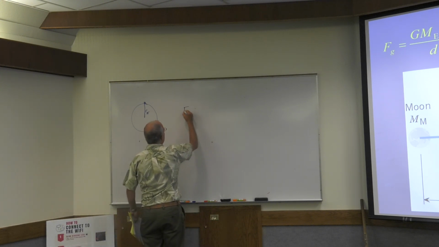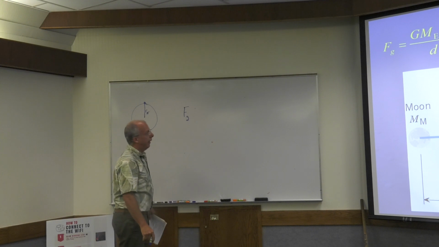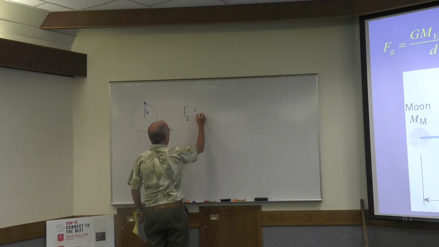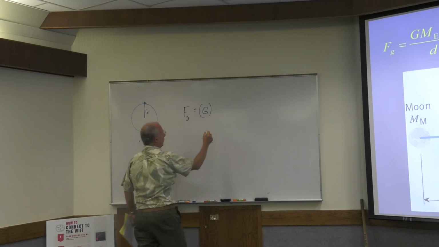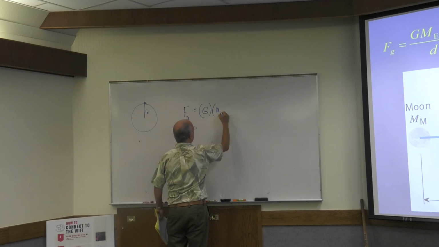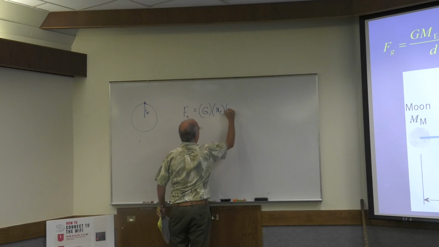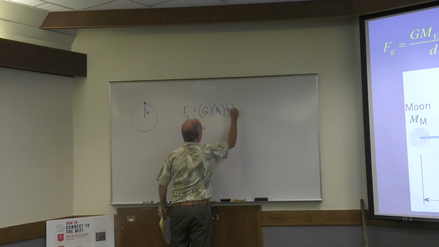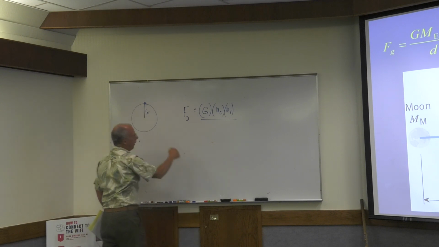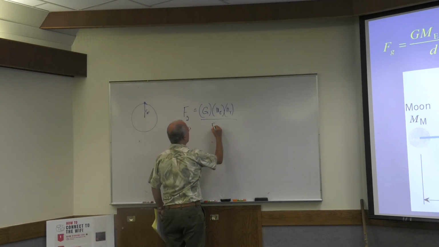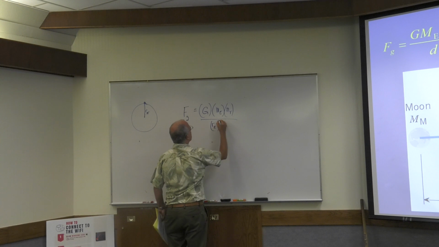The force of gravity between you and the Earth is uppercase G, mass of the Earth, mass of you, and again, the distance between the center of the Earth and the center of you is basically the radius of the Earth, squared.